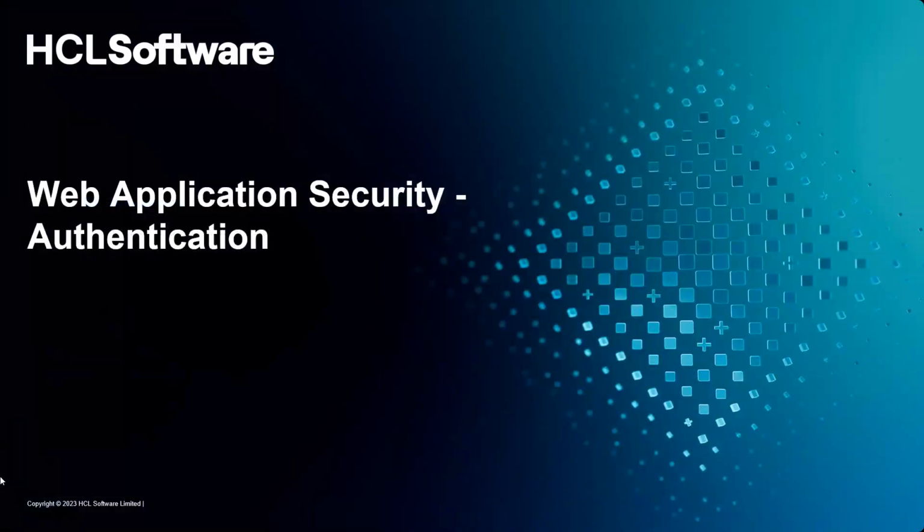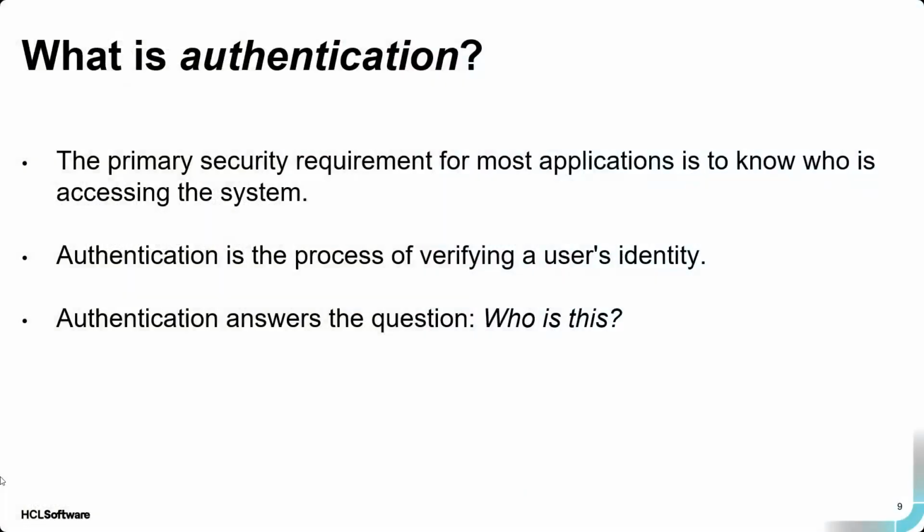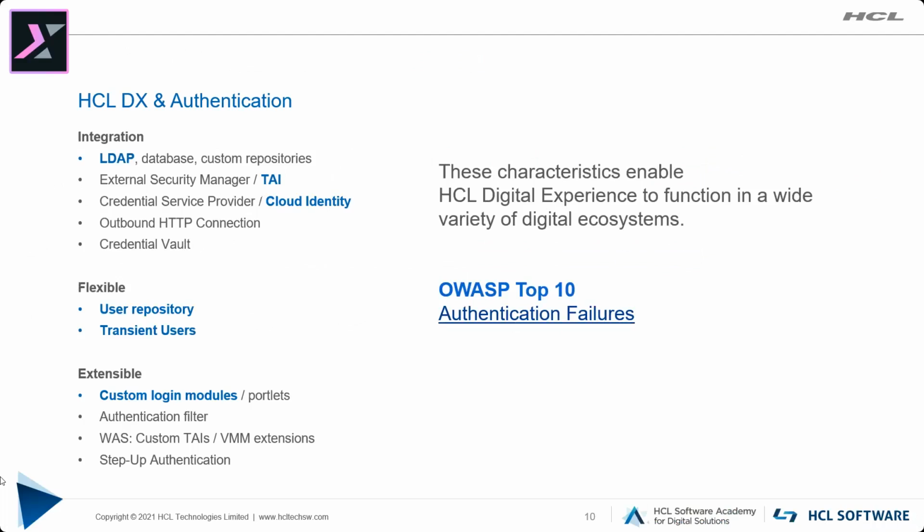So taking the first part of that equation, authentication, is the primary security requirement for most applications, just knowing who is accessing the system. And authentication is the process of verifying the user's identity. So when we drill down into digital experience, there are a lot of different factors to consider.